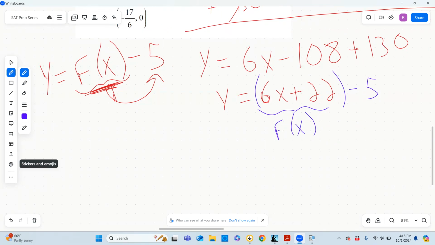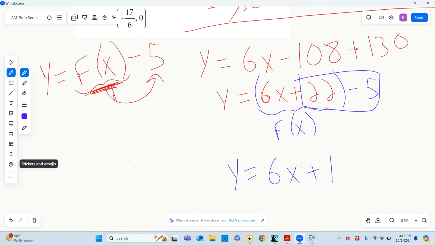So my new line is going to be y equals, well, if I want to subtract, here are your like terms, okay? So y equals 6x plus 22 minus 5, which is 17. So if this was line H, this one has to be line K. It is line H, and we've shifted it down 5 units.